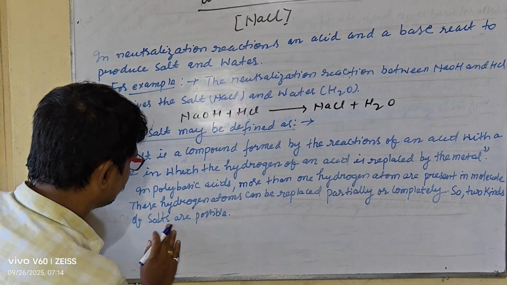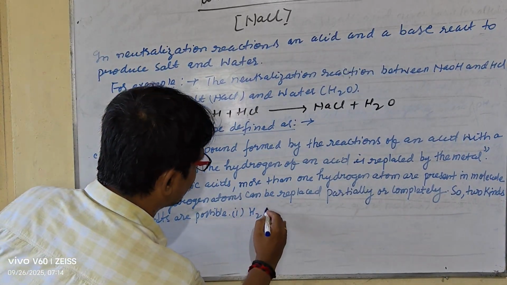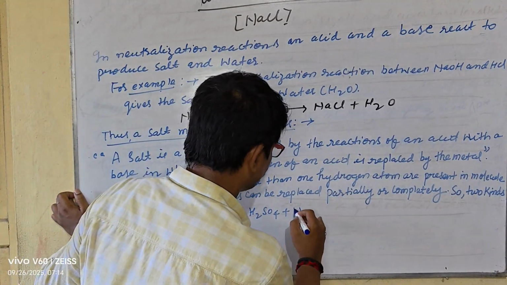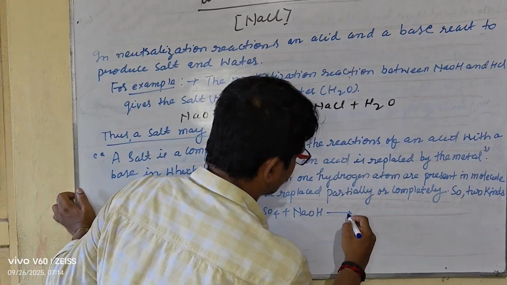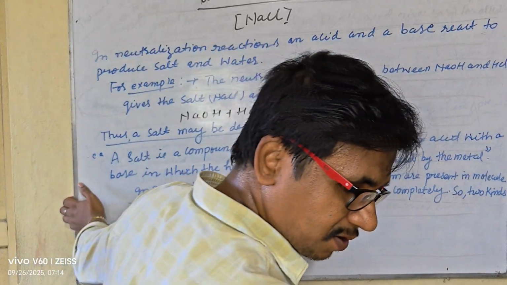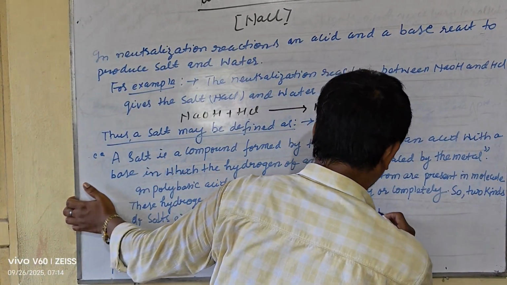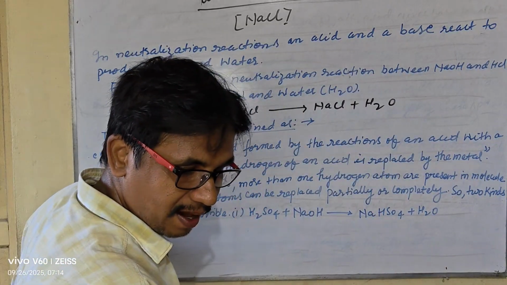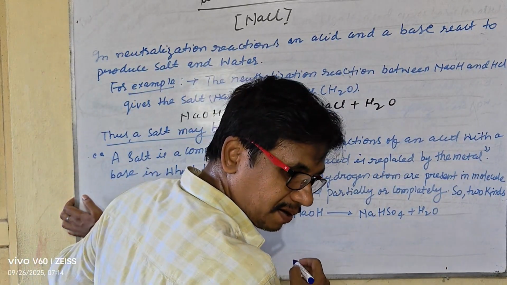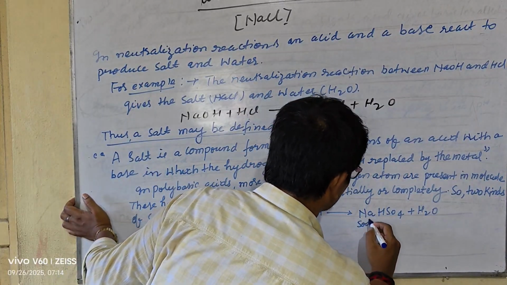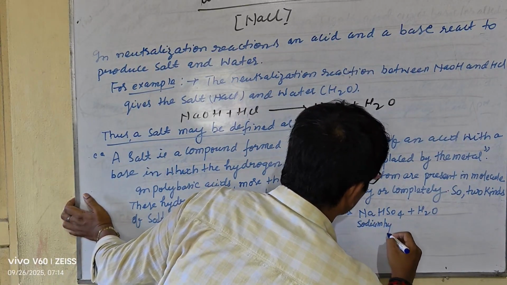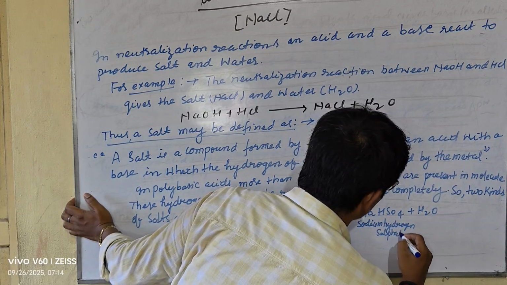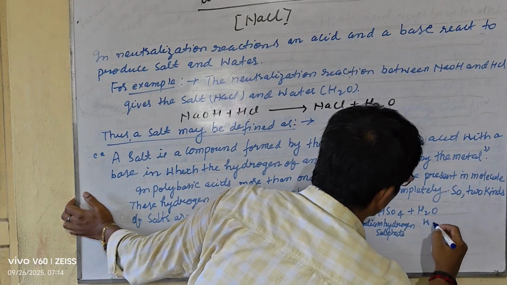Which two kinds of salts are possible? First is H2SO4 plus NaOH, which gives NaHSO4 plus H2O, that is sodium hydrogen sulfate and water.